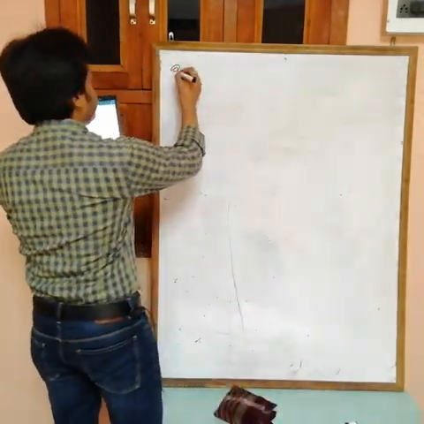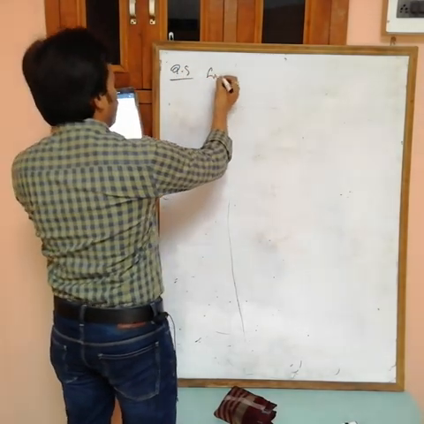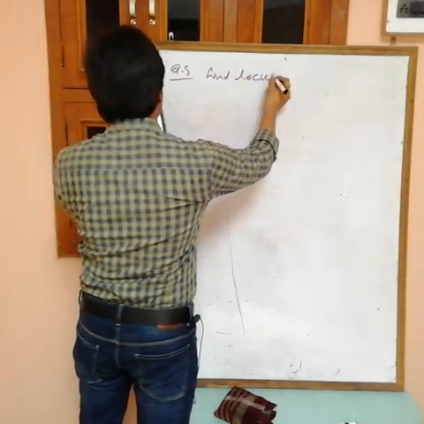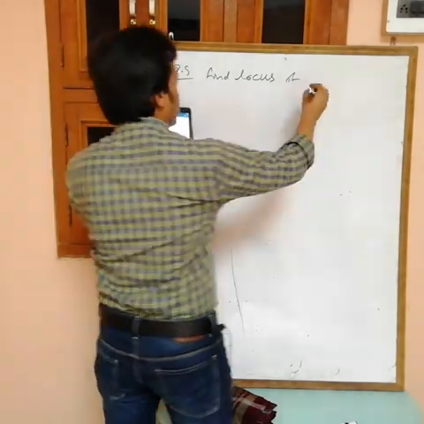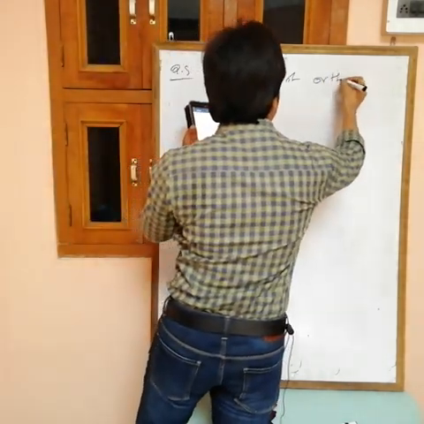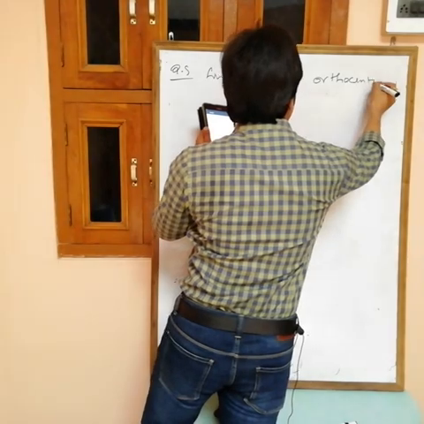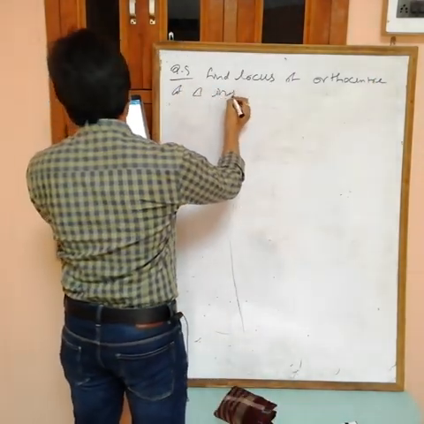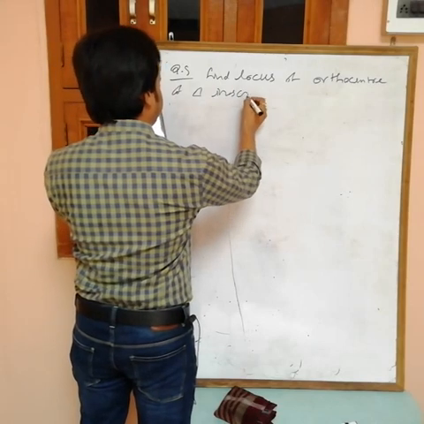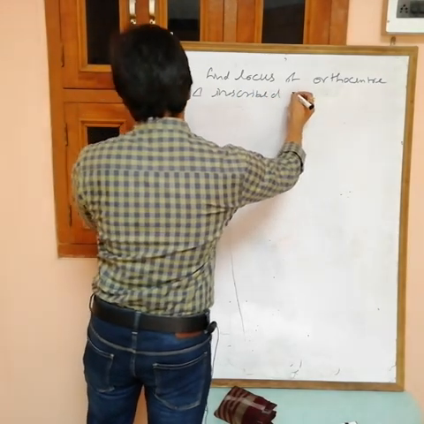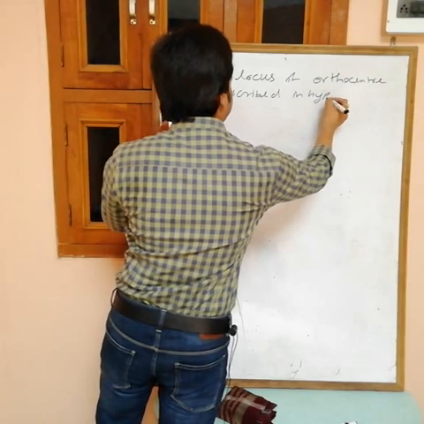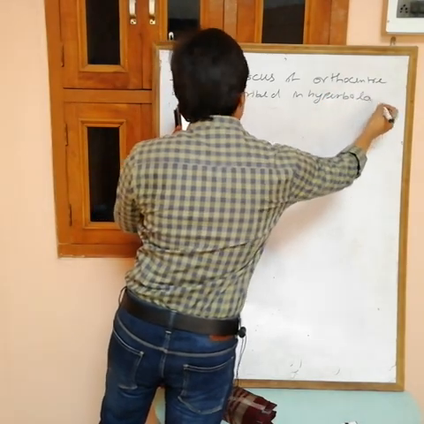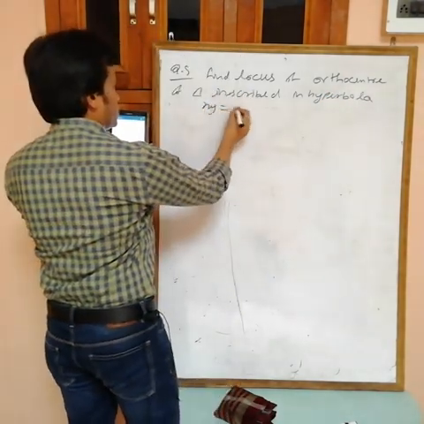Next, find the locus of the orthocenter of a triangle inscribed in the hyperbola xy equals c square.